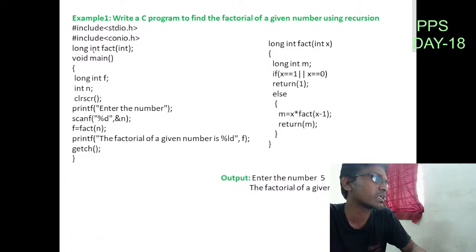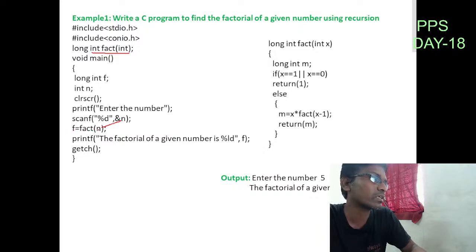Inside the main function I read the n value from the keyboard, then pass that n value to fact of n, and the result will be stored in the f variable.